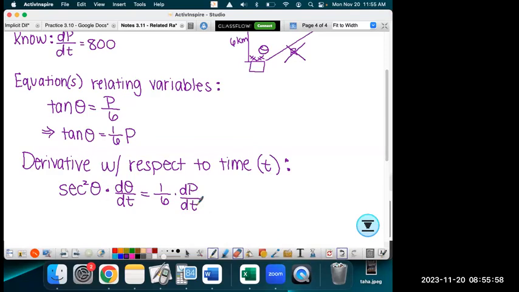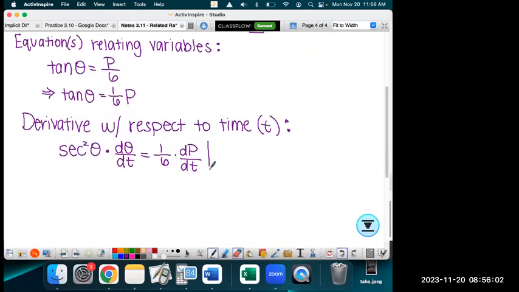And let's see what information we have that we can plug in now that our derivative is done. We know dp dt is 800. We don't know theta, so we'll have to find our missing information. Now, you can either solve for theta, which I think is more cumbersome, or you can solve for secant theta, which is just the ratio of the sides from the triangle, and plug information in.